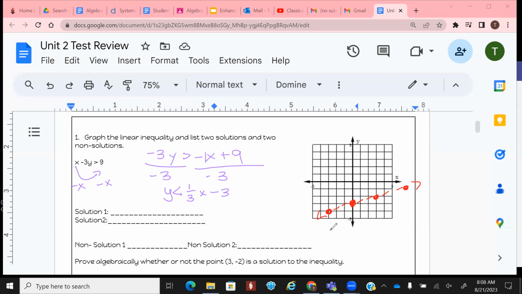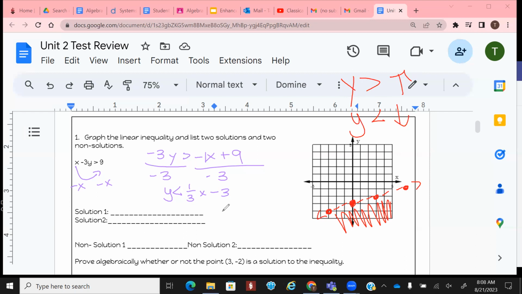Say again. If it says y is greater than, then we're going to go up. If it's y less than, then we're going to go down. So this is less than, so we're going to shade below. Yes. Because -1 divided by -3, that's going to give me a positive 1/3. Yeah.